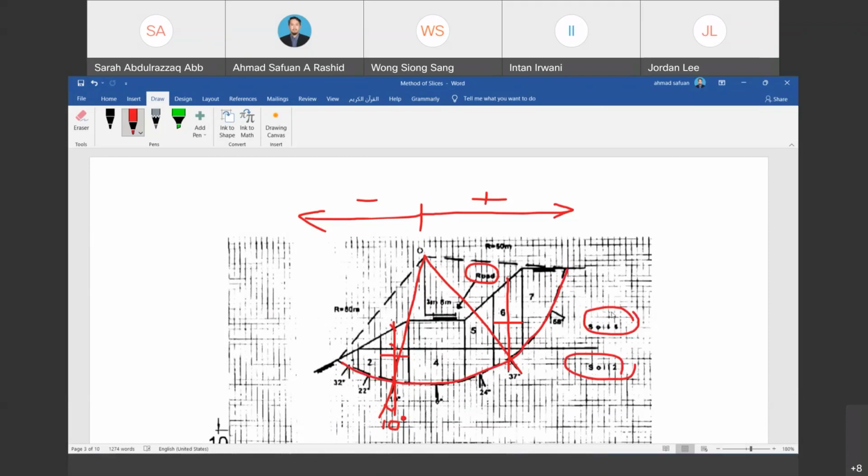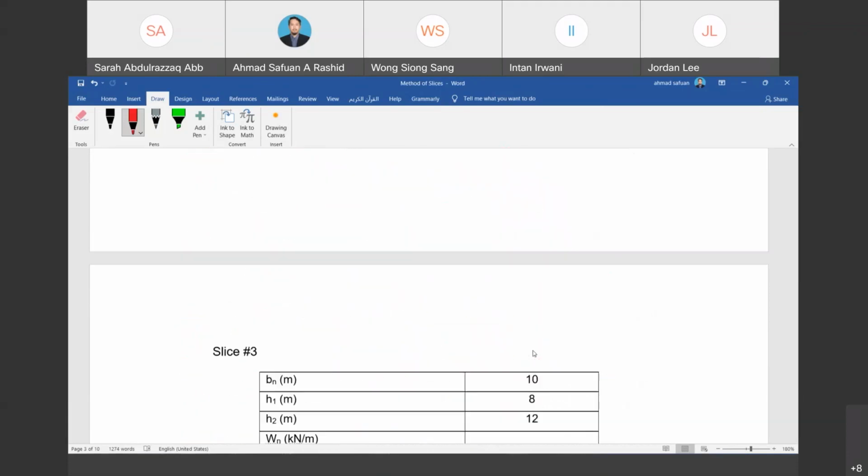This is one of the important things to consider. When you want to draw the slices, make sure that the base only covers one type of soil.